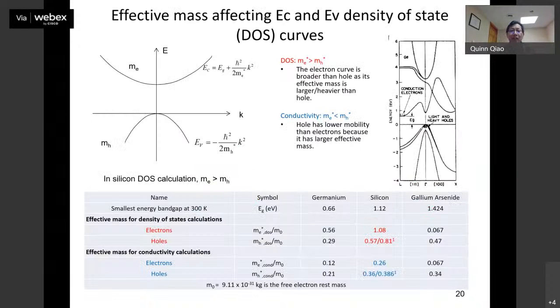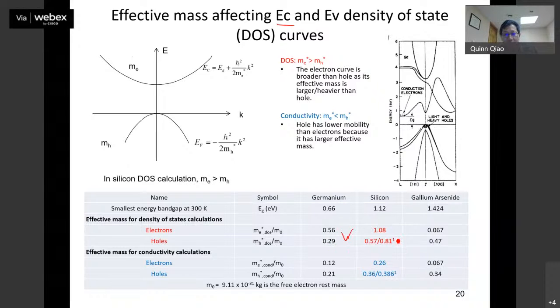The effective mass actually affects the conduction band and valence band state density, called the density of states, or DOS. You can see here that in germanium, when you calculate the density of states, the effective mass of the electron is bigger than the effective mass of the hole.